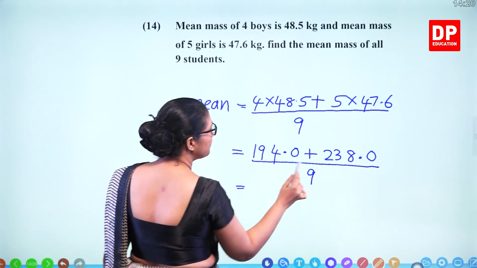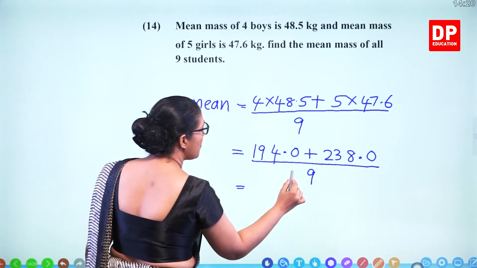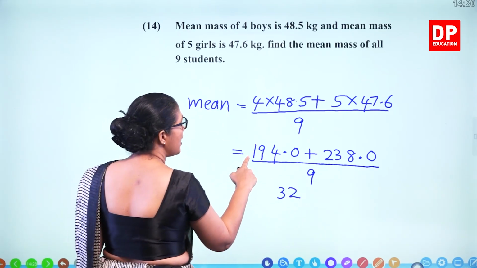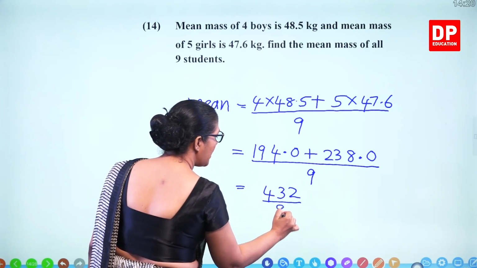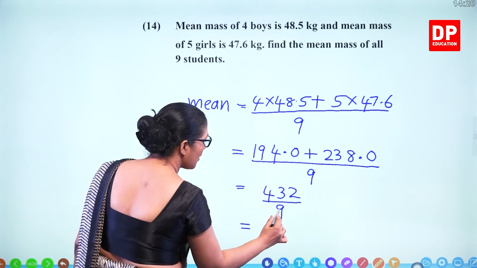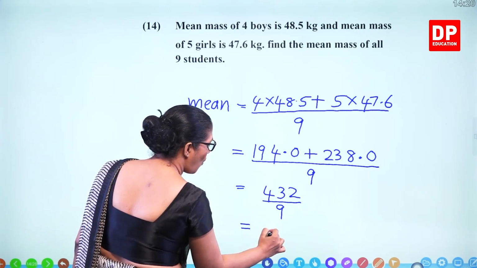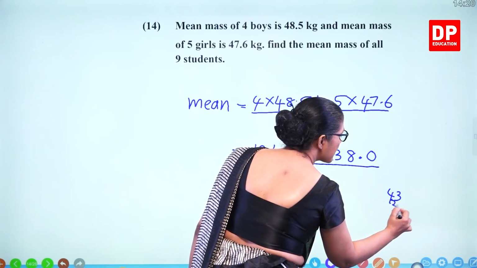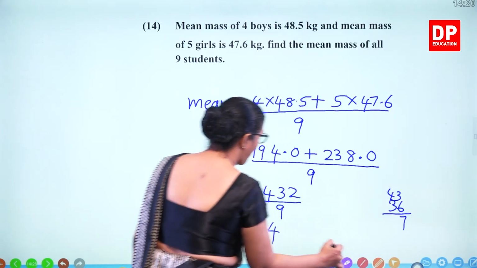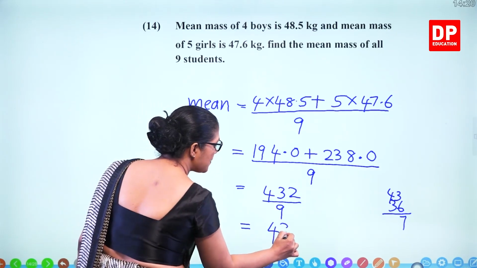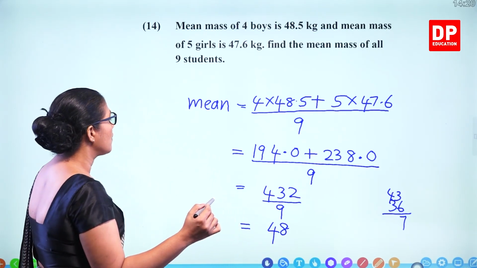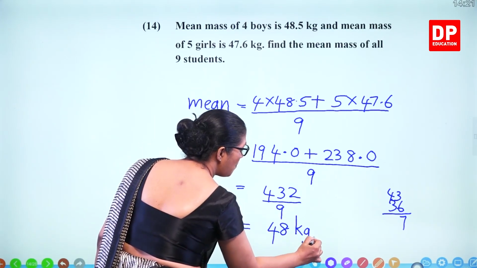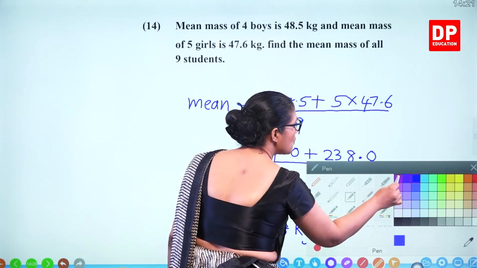What's the total? 8 plus 4, 12. 1 remaining. 10 plus 3, 13, and 1 remaining. 2 and 2, 4. Divide by 9. 9 times 4, 36. So 43 minus 36, 7. 72, 9 times 8. So 48 kilogram is the mean mass for all. 2 marks for that.